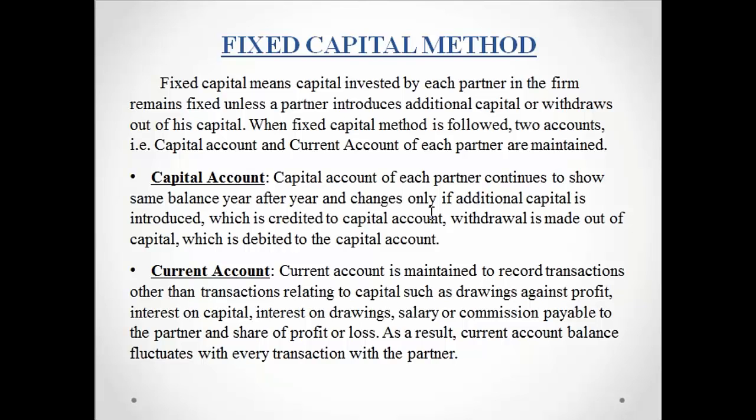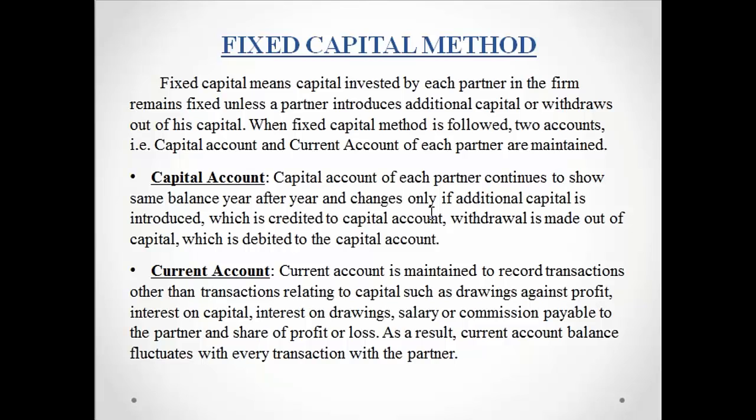Now the question arises, why do we have to make a special account called partner's current account? You prepare partner's current account when the capitals are fixed to record all other transactions other than opening balance of capital, additional capital introduced, and capital withdrawn.